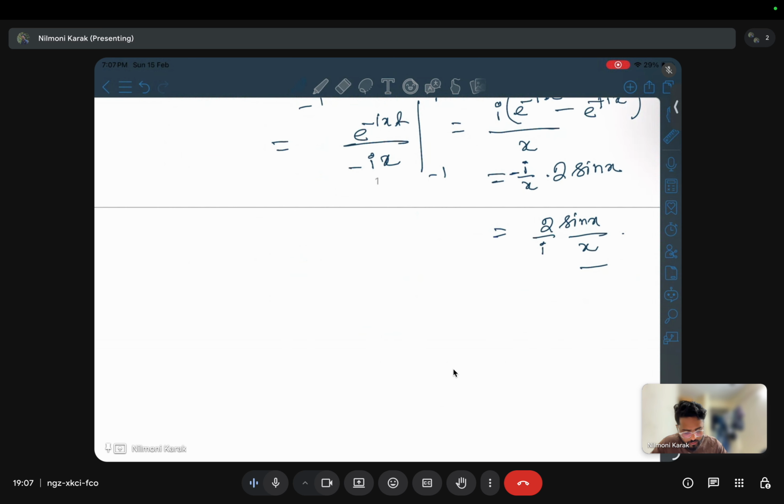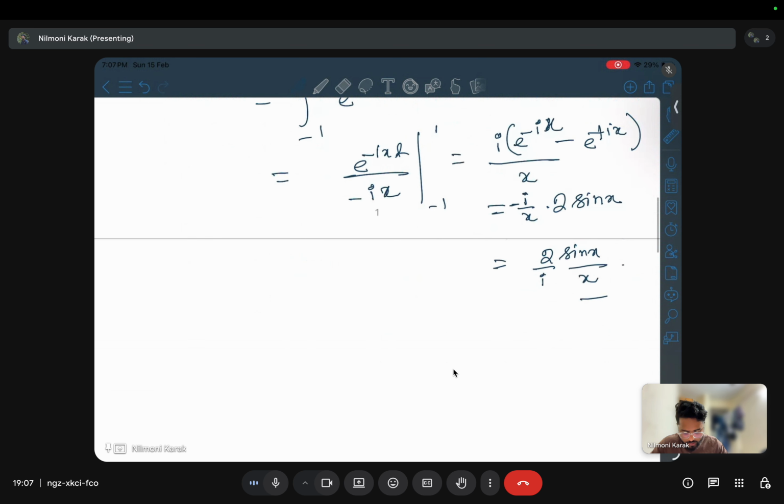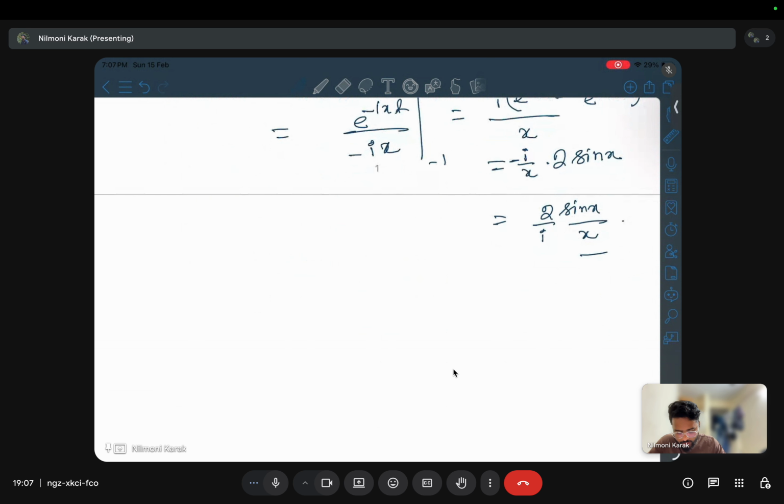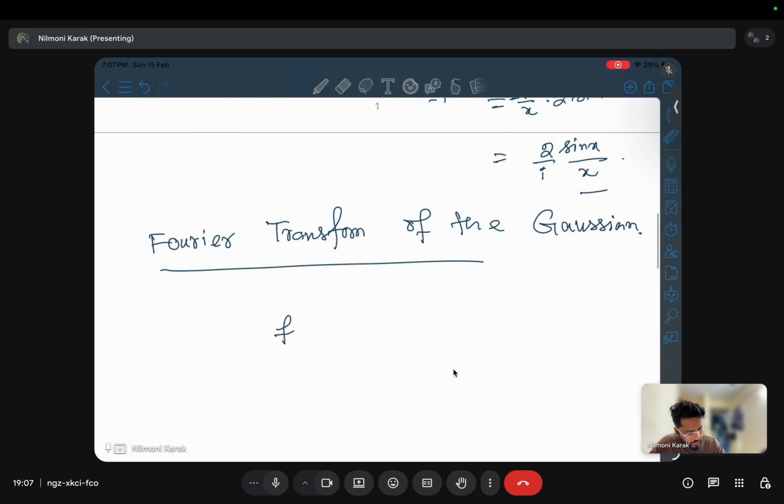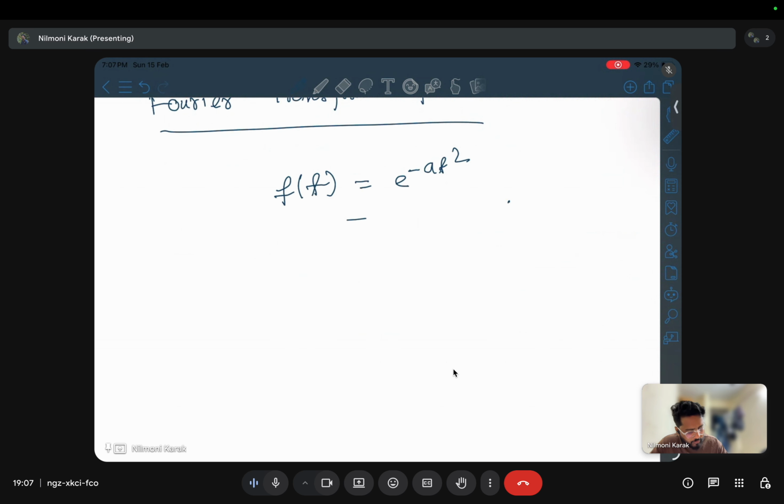Next, the Fourier transform of the Gaussian. Gaussian means you know, right? f(t) equals e to the power minus a t square.